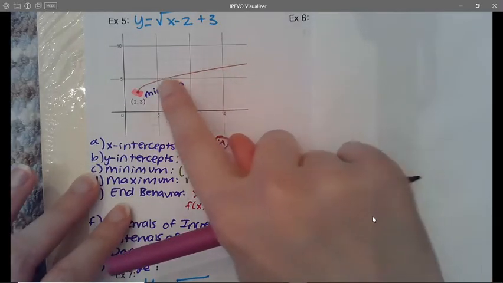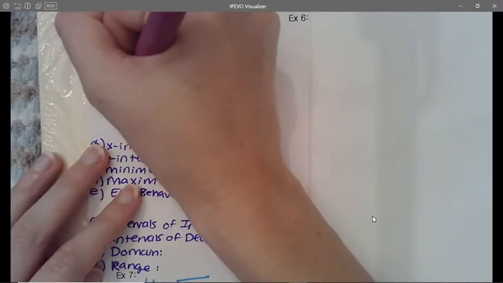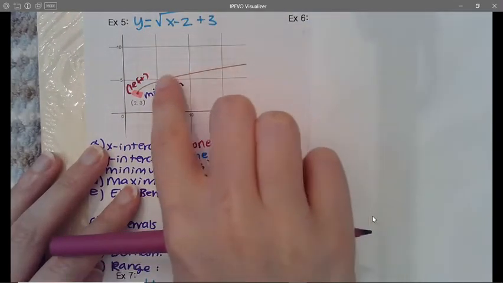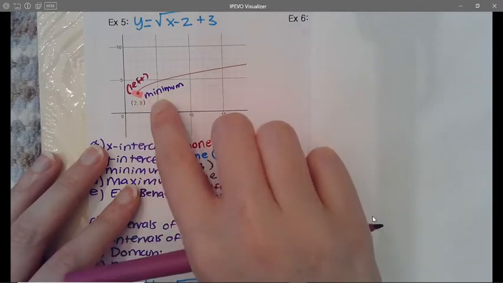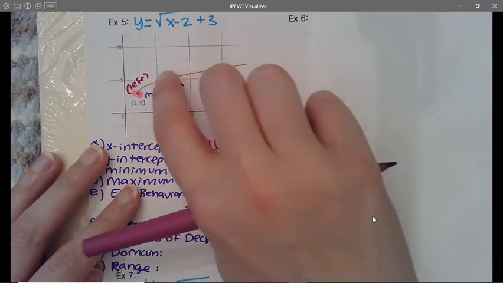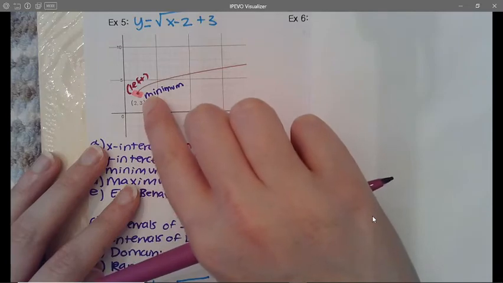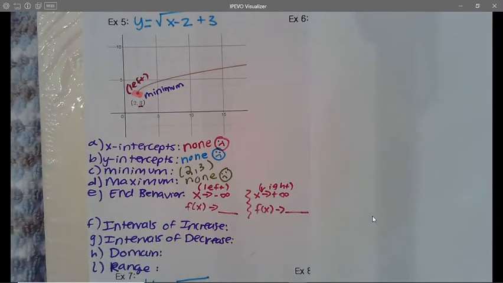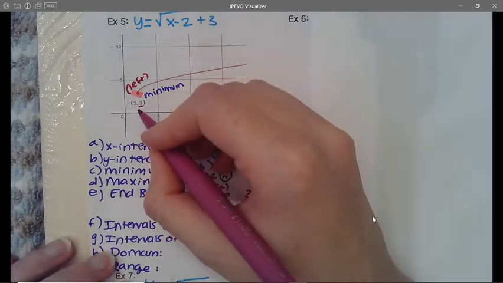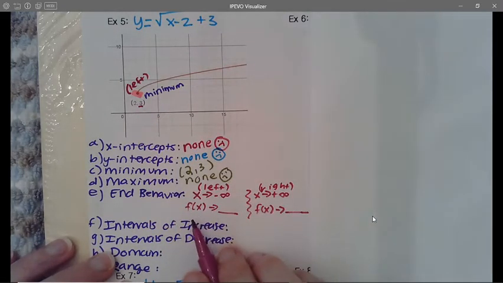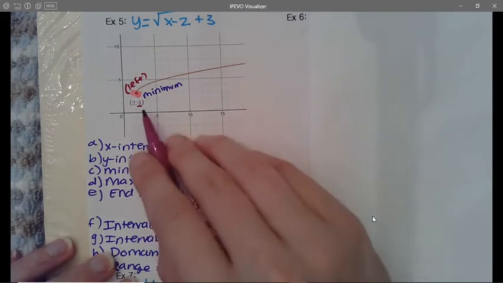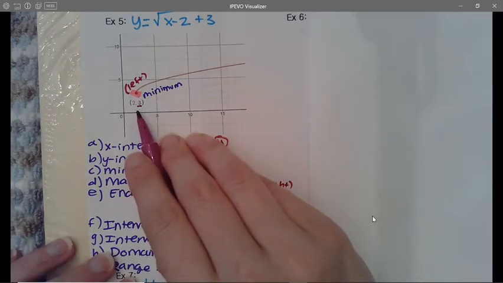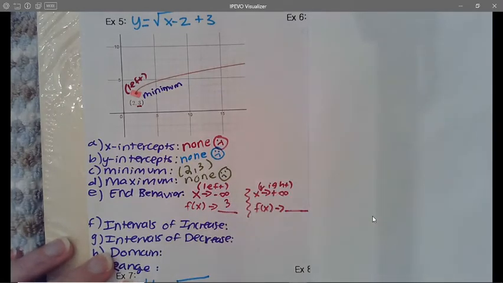As we head to the left, the graph is headed toward the y value of 3. In all these problems, as you head to the left, it will approach a value. F(x) and y mean the same thing, so the y value we're approaching is 3. I'm going to put 3 right here.